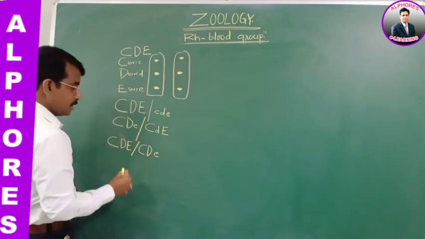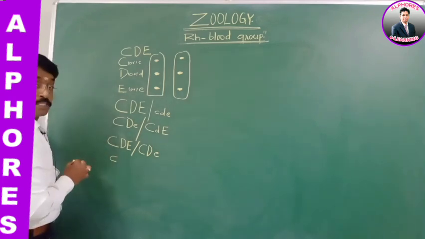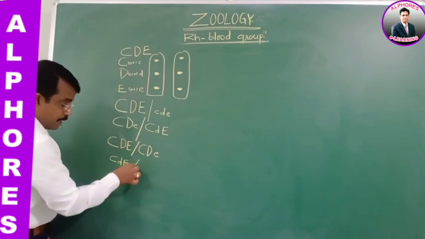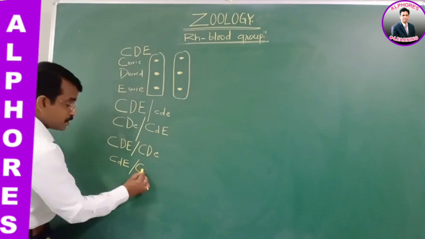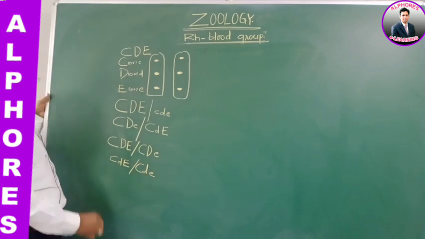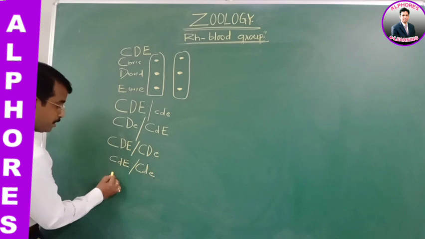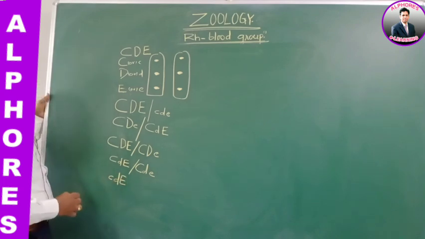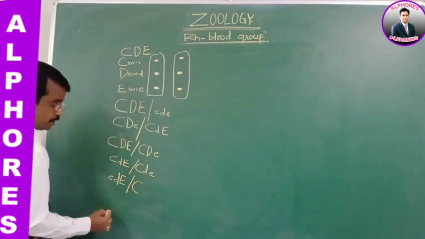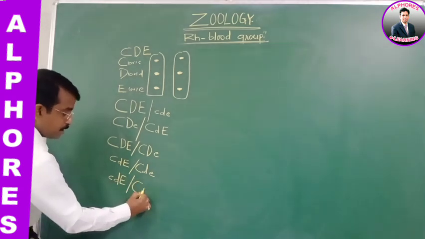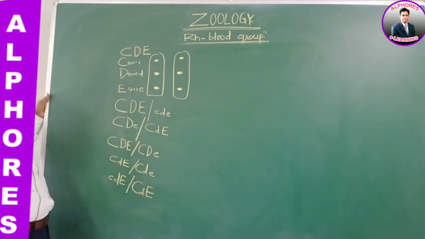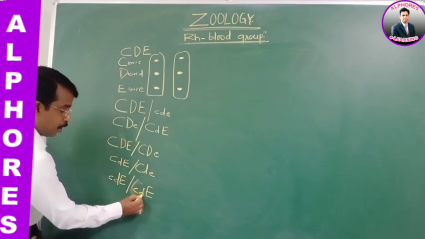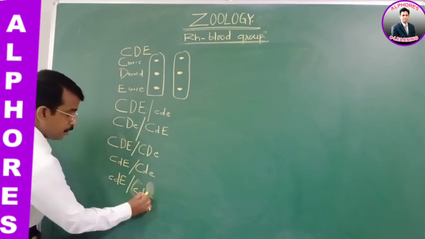And it may be capital C, small d, capital E and capital C, small d and small e. It can be small c, small d, capital E, or else small c, small d and small e.